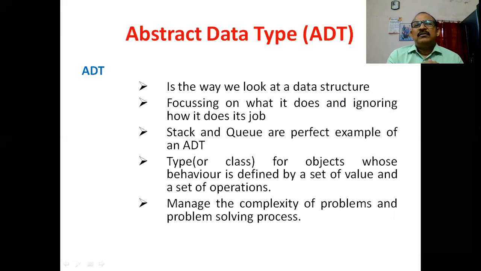We will use the functions provided by the stack. Actually, the stack provides two functions. One is the push operation and the next is the pop operation. Push means push the item onto the stack and pop means take the item from the stack.